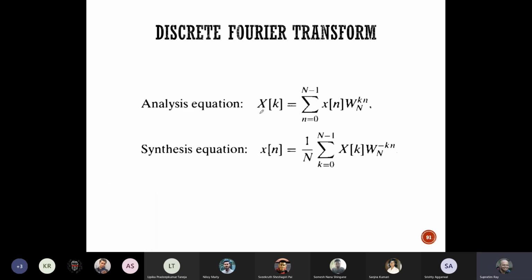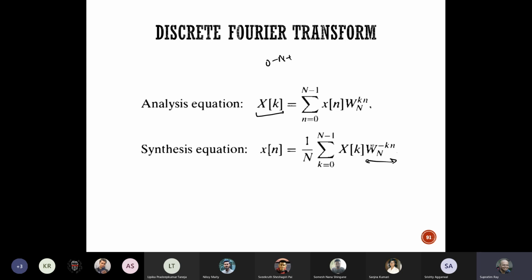So I computed the coefficients here, k going from 0 to n minus 1. When I try to get my signal from these, I'm just multiplying the coefficient with this.